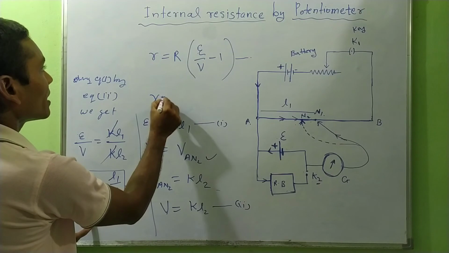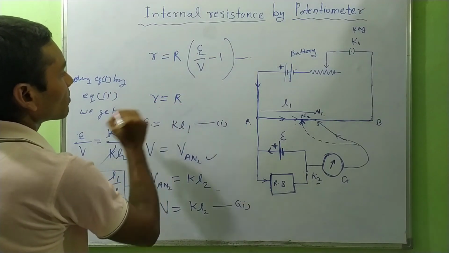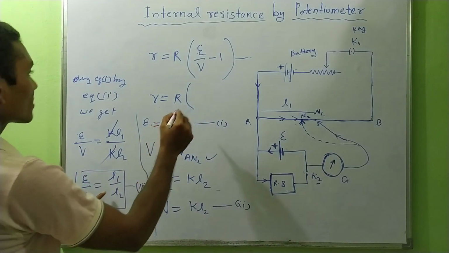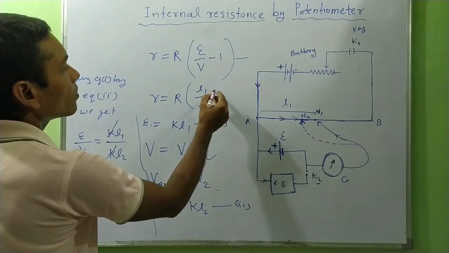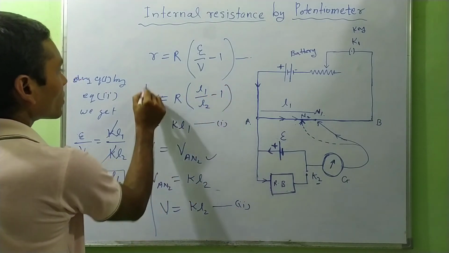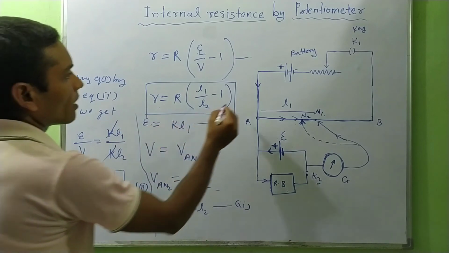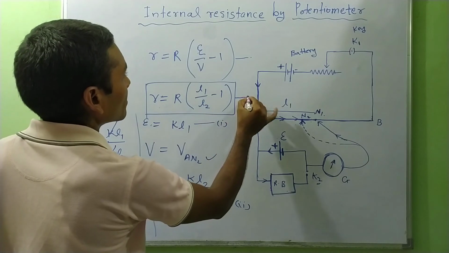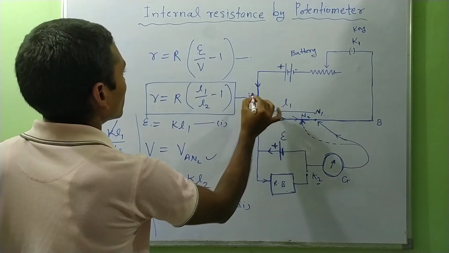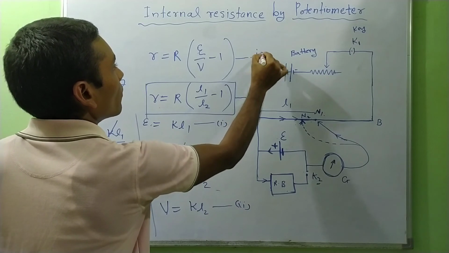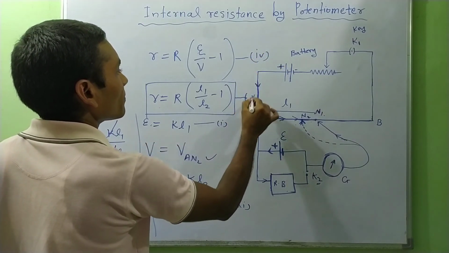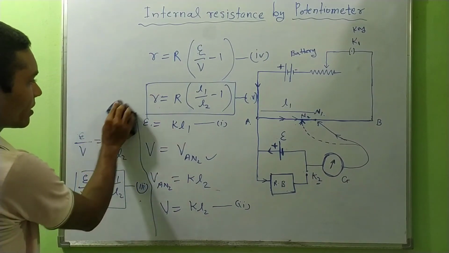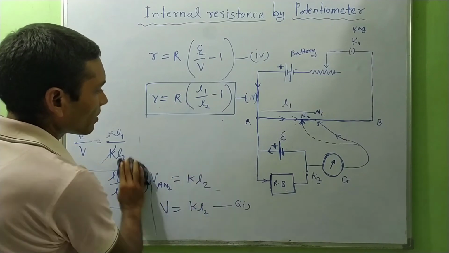So the internal resistance of the cell will be small r equals capital R into (L1 upon L2 minus 1). This is the expression for the internal resistance of the primary cell. Let this be equation fourth, then equation fifth.